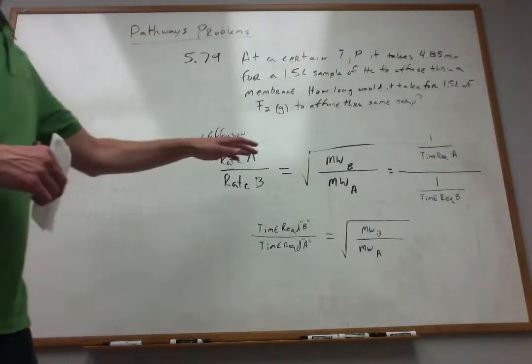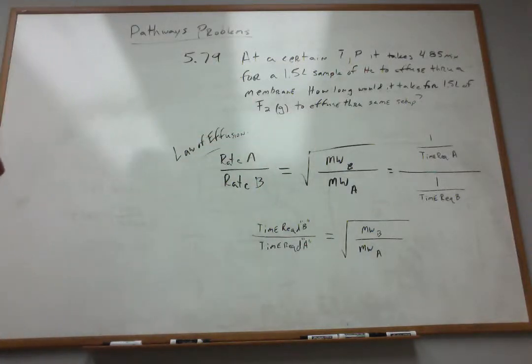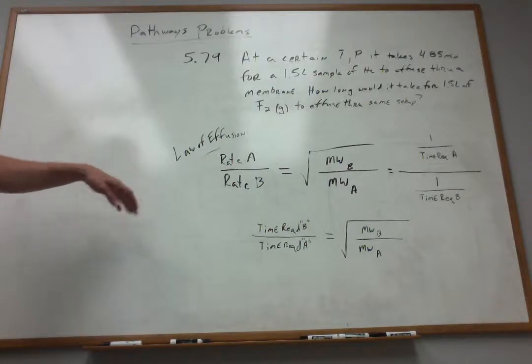So when we see this word effusion or effuse, how long does it take, etc., the problem is going to deal with this so-called Graham's Law of Effusion, which is considered on page 236 of your textbook. So you can kind of look that up.